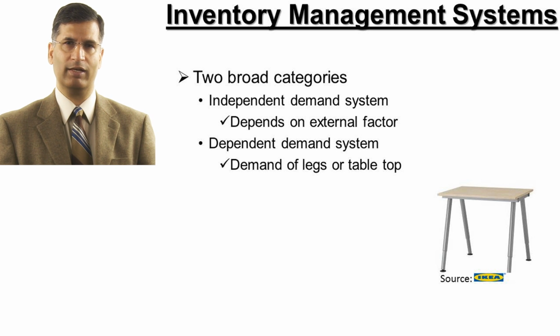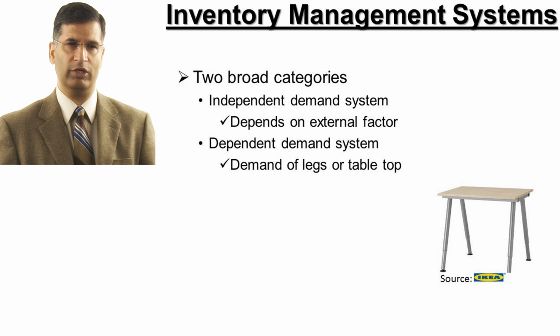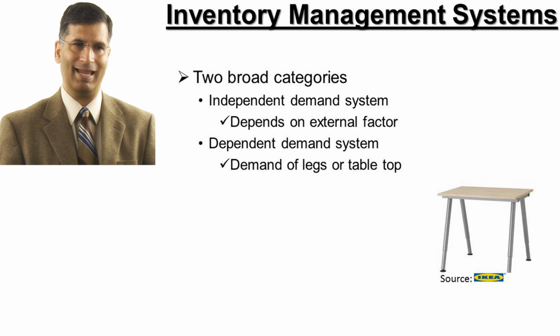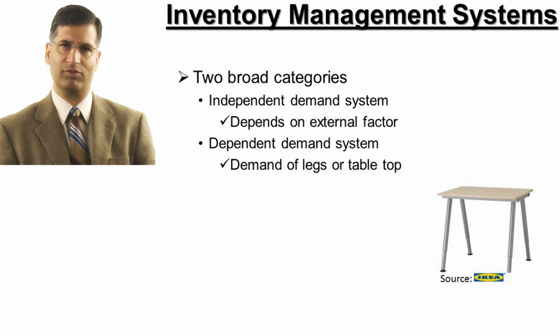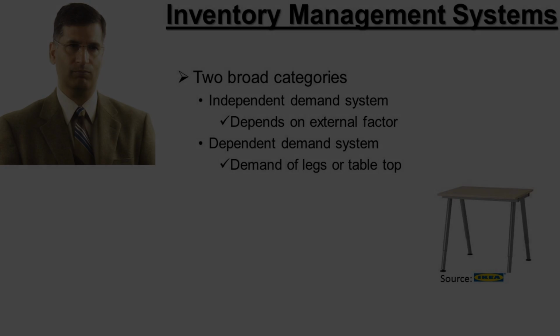However, if you have decided that you will sell 1,000 tables, how many legs you need to produce, how many tabletops you need to produce depends on how many tables you are going to make. And that is dependent demand system. In this module, the focus is on independent demand system.